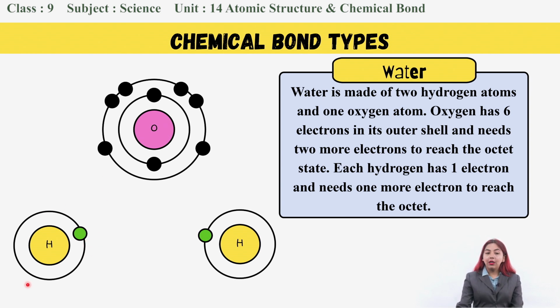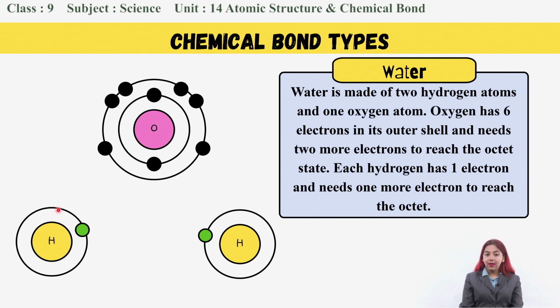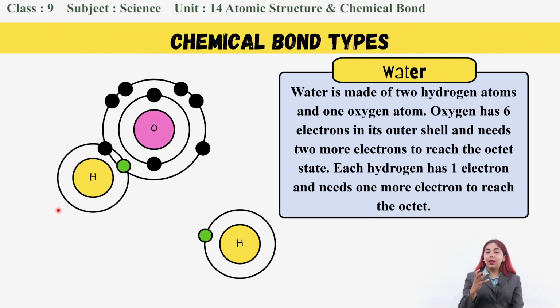So for the hydrogen to reach the duplet state, it shares the electron that is present in its outermost orbit with 1 valence electron that is present in the outermost orbit of oxygen. Now the hydrogen atom reaches the duplet state, but oxygen just has 7 electrons in its outermost shell.